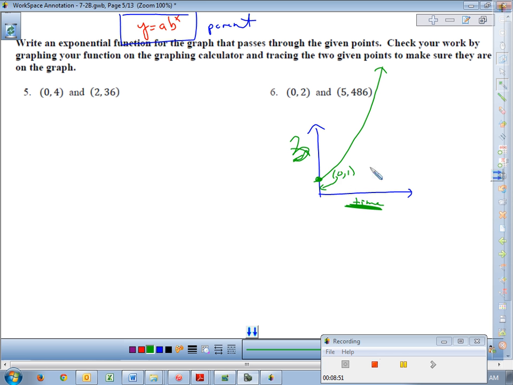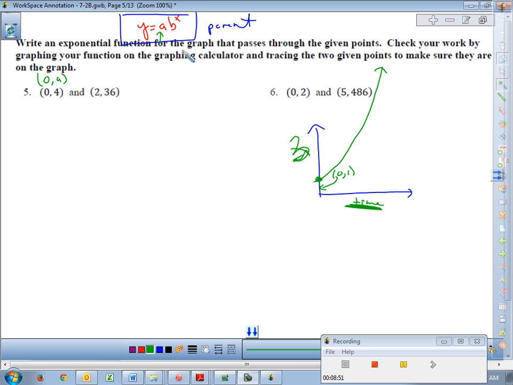Cool? Do you see that out of the 2 points they have given, the first point is always 0, comma something? This is our y-intercept. We will generically call that 0, comma a, right there. Please put that above this. The first point they give you, 0, whatever, that 4 right there, they're telling you that's your a value.